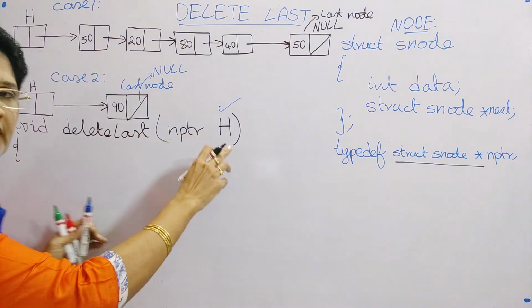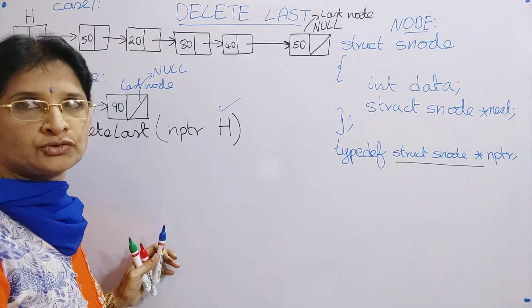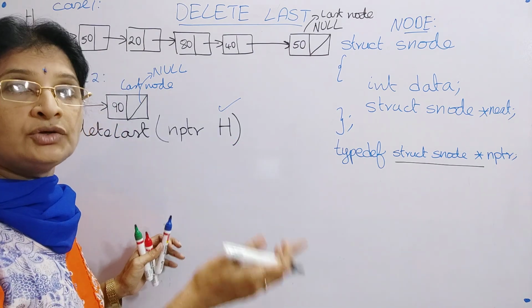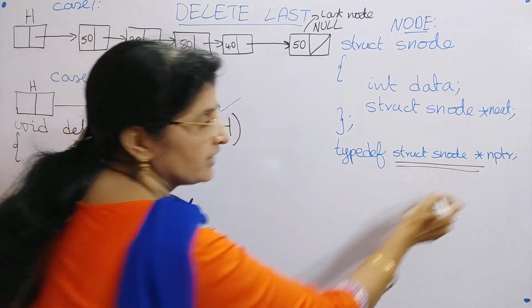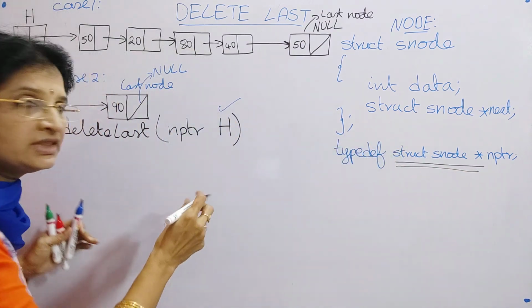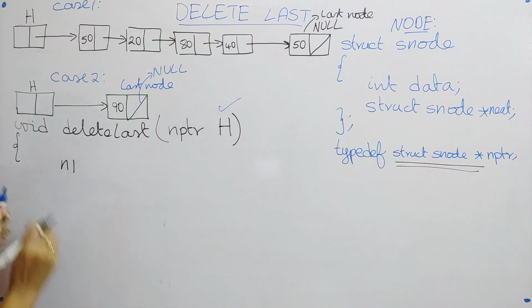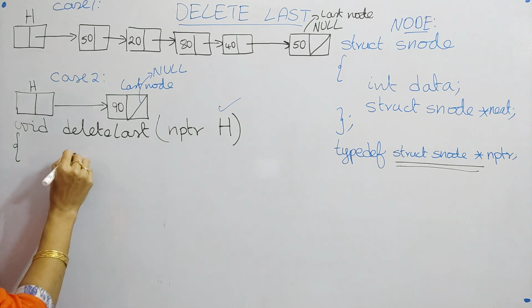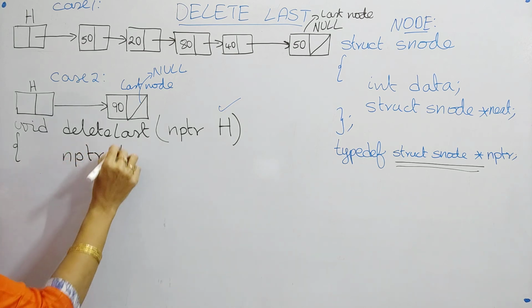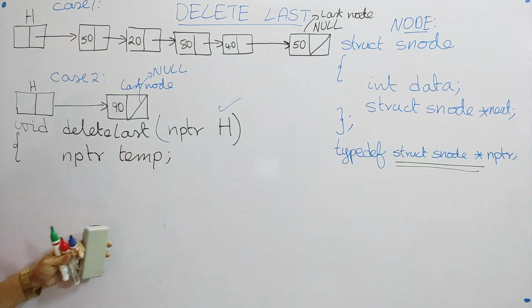What will be the data type of my temporary node? Again, it is also a linked list node. So you have to give the data type of the temporary node also as this one. Instead of giving that long name, you can just give it as nptr, and here my name is temp.